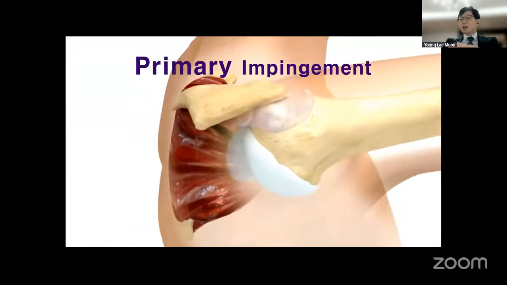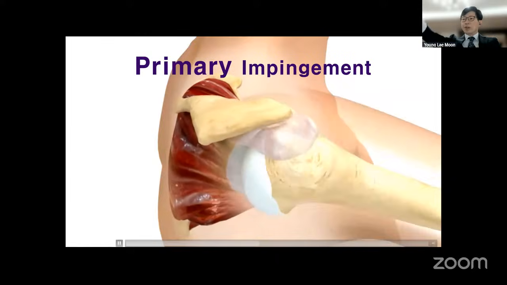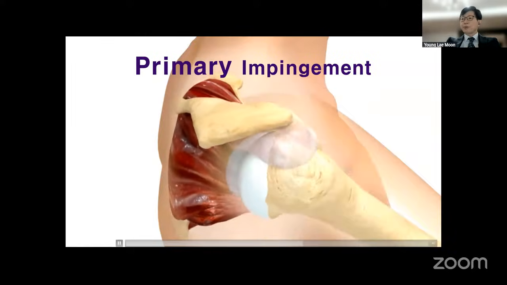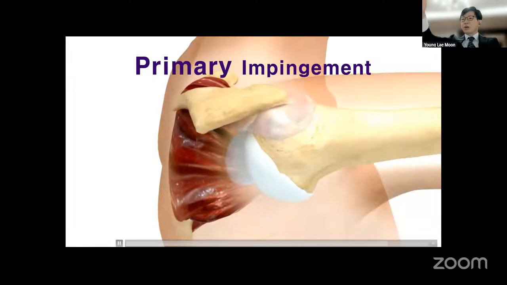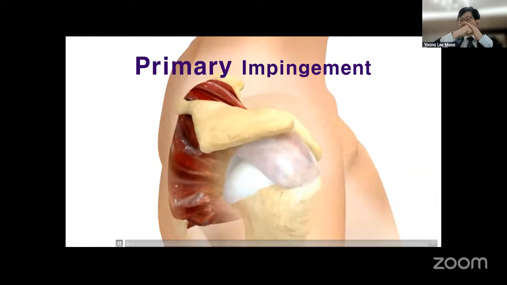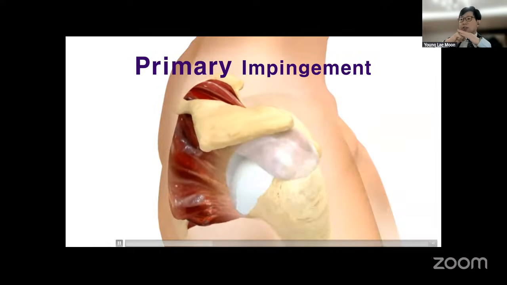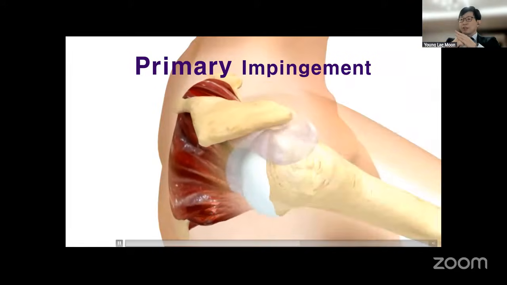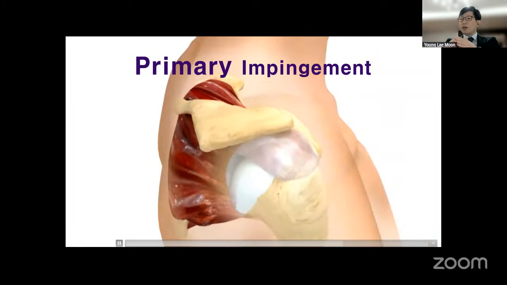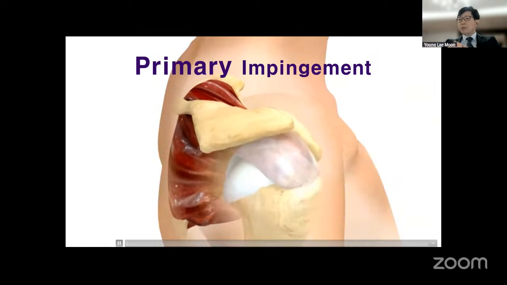This slide illustrates the anatomical basis of primary impingement as shown in the cross-sectional view. When the arm is elevated, the rotator cuff and the subacromial bursa become compressed between the humeral head and acromion. This mechanical compression of the supraspinatus tendon beneath the anterior acromion is the fundamental pathology in primary impingement.